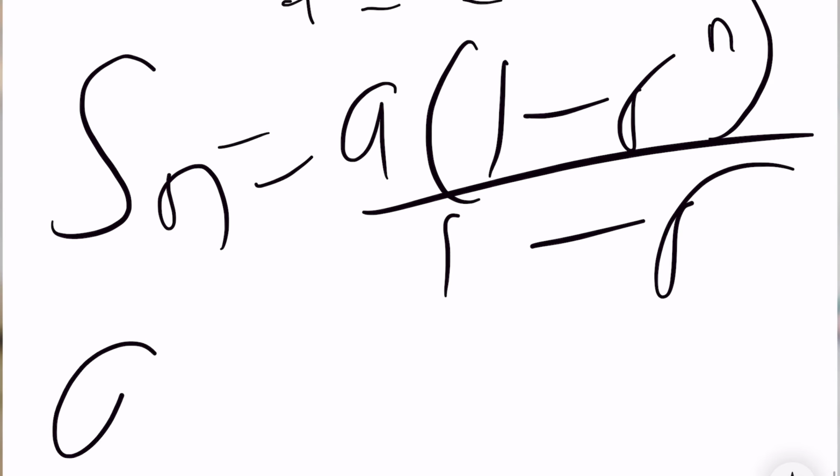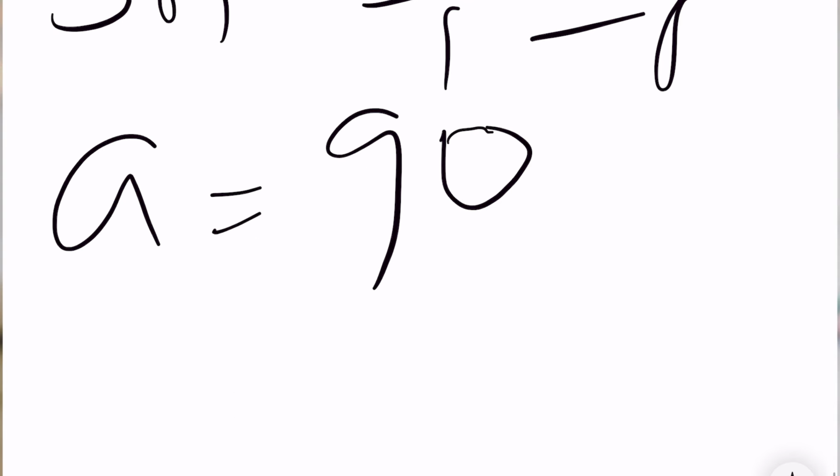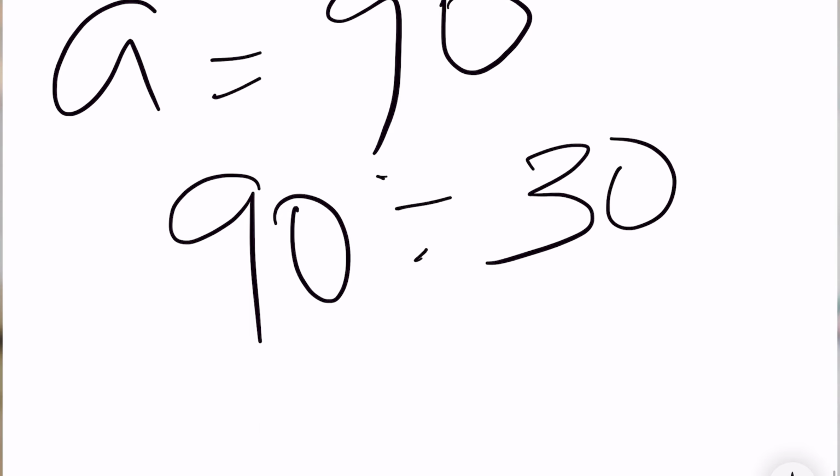Now, our a here is 90. For our r, we take the second term, 30, and divide by the first term, 90, and we get 1 over 3.